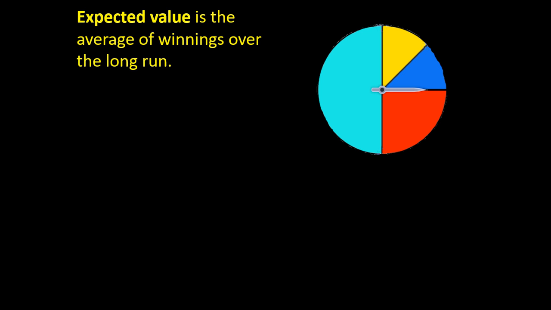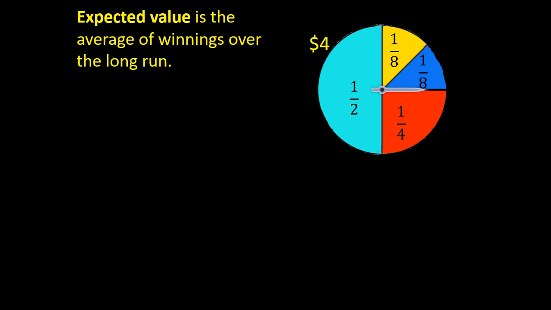So first let's look at the spinner and determine the probabilities of spinning each of the colors on the spinner. The probabilities are related to the area of each of the colors. So we have about half of the spinner that looks like light blue, 1/4 is red, 1/8 is dark blue, and 1/8 is yellow.